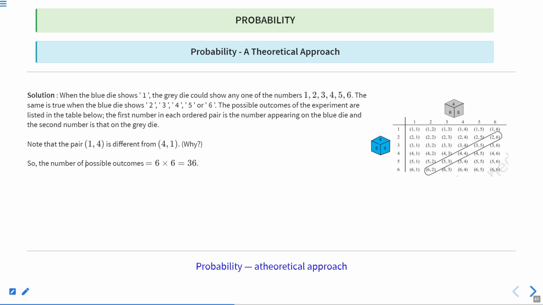So the number of possible outcomes for one die is 6, and so the number of possible outcomes for throwing two dice is 6 into 6, that is equal to 36.